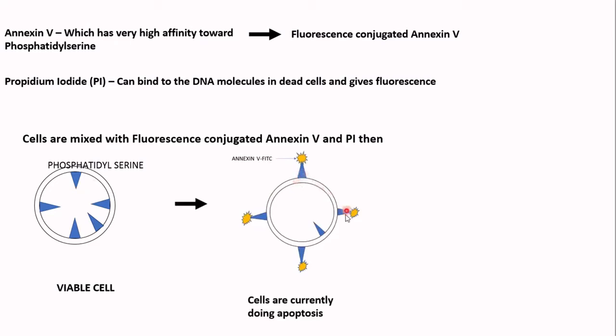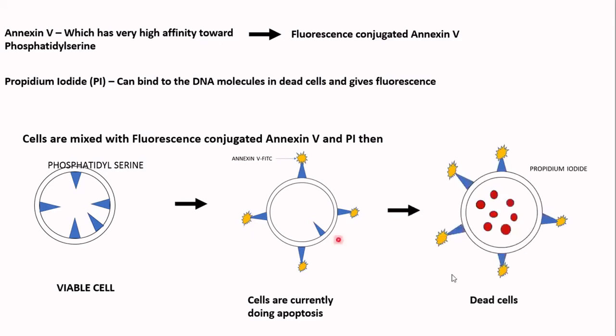The phosphatidylserine is flipped out, and once it is flipped out, the mixed annexine 5 can go and bind to it and give us the fluorescence. And finally when the cells are dead, the phosphatidylserine which was flipped out is already bound with annexine 5, and also propydium iodide has entered inside the cell, bound to the DNA and given the fluorescence, right?